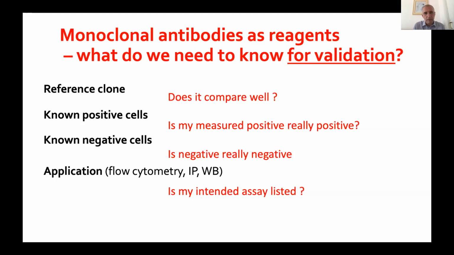If we are on our own without any reference clone, we want to know at least what are the cells that are positive for this antibody, and also importantly, what are the known negative cells. So we want to make sure that the positives are really positives and the negatives are negatives. And again, we want to double check whether the application is listed and we use it properly.